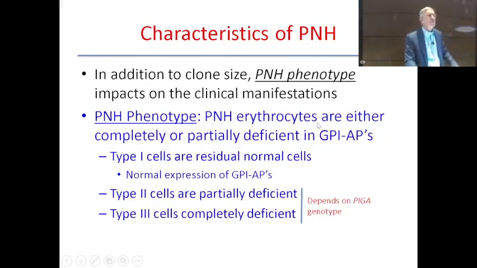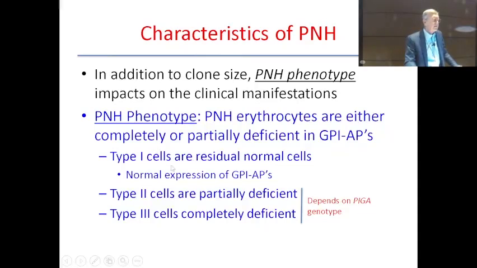In addition to the PNH clone size, the other important determinant of the clinical manifestations is the PNH phenotype. The cells are divided into type 1, type 2, and type 3 based on GPI anchor protein expression. Type 1 cells are the residual normal cells, so they're not really PNH cells. These do not have any defect.